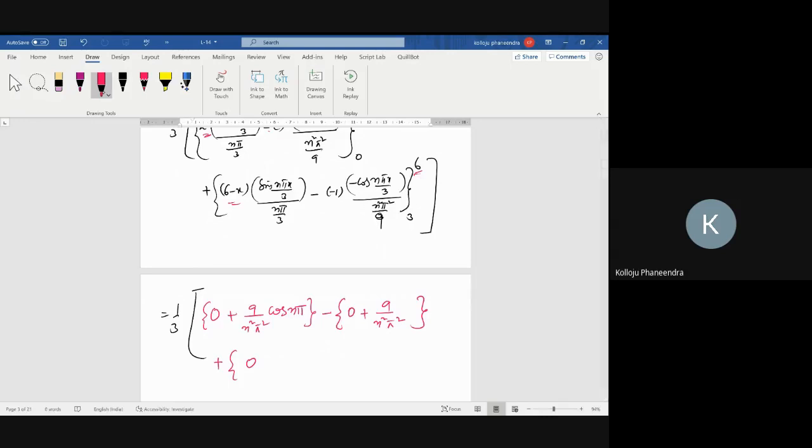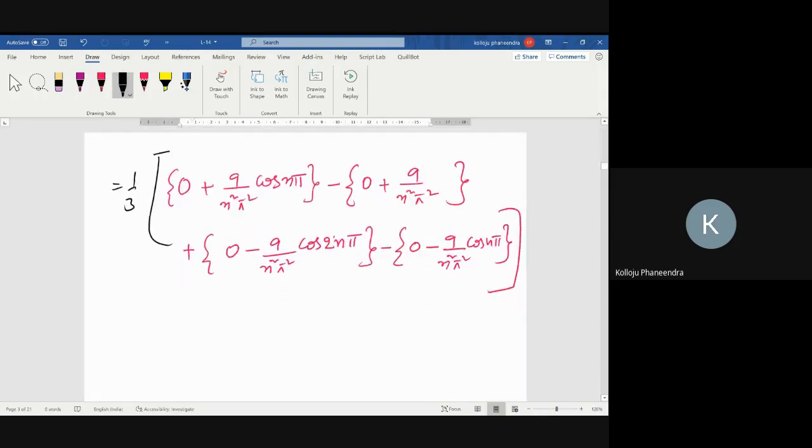And here, if I substitute 6 here, 3 2s are 6, so this minus will be there. 9 by n square pi square cosine, what is this? 2n pi. Cosine 2n pi. This is upper limit. Minus, coming to lower limit 3. 3 gets cancelled. So sin n pi is 0. And this is minus, 3 gets cancelled, 9 by n square pi square cos n pi will be there. This whole bracket closed.